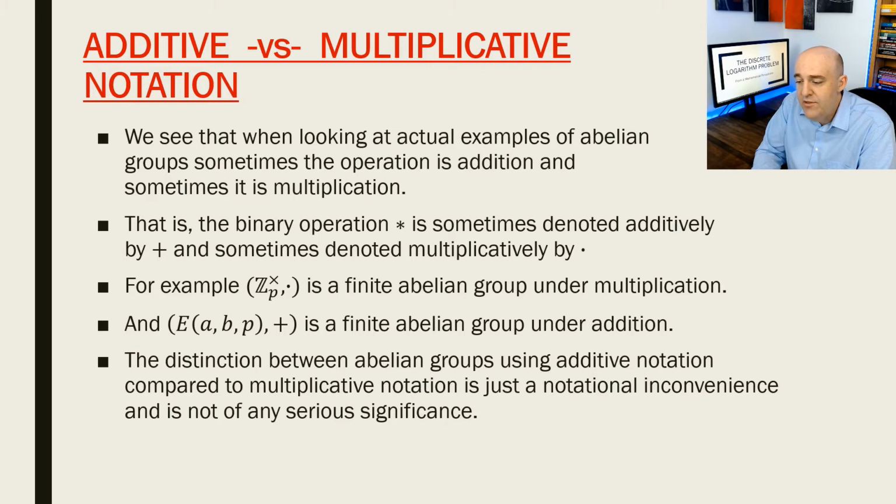Zp cross uses multiplication, so we use a dot to indicate that operation, whereas an elliptic curve uses plus for its operation. Now, really, the distinction between abelian groups using the additive notation plus or the multiplicative notation dot is really just a notational inconvenience, and there's no real serious significance to the difference there. They're the same thing.